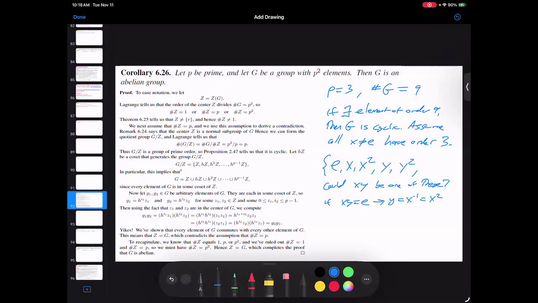And we're choosing something that's not X or X squared or E. If XY equals X, that implies Y equals E. If XY equals X squared, that implies Y equals X. If XY equals Y, that implies X is the identity. If XY equals Y squared, that implies X equals Y. So XY is a new element.